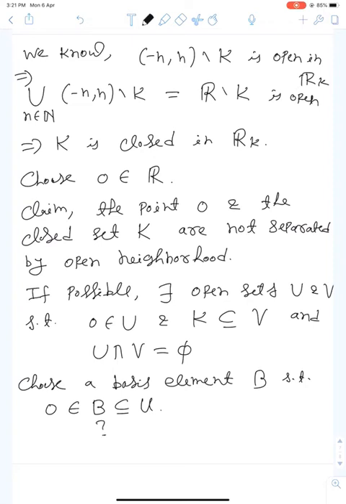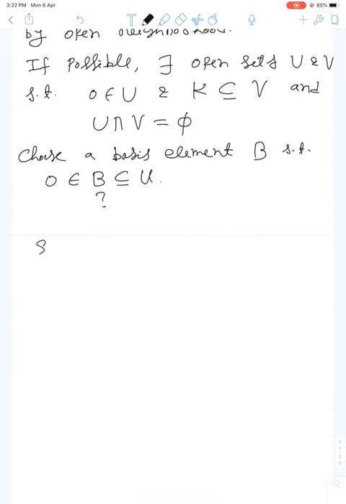Since U intersection V is empty, that implies B intersection K is also empty.